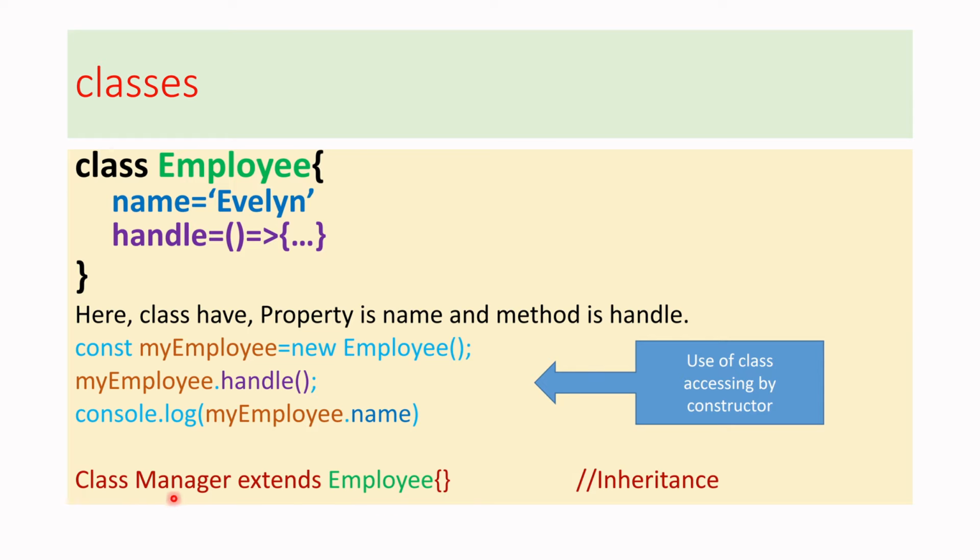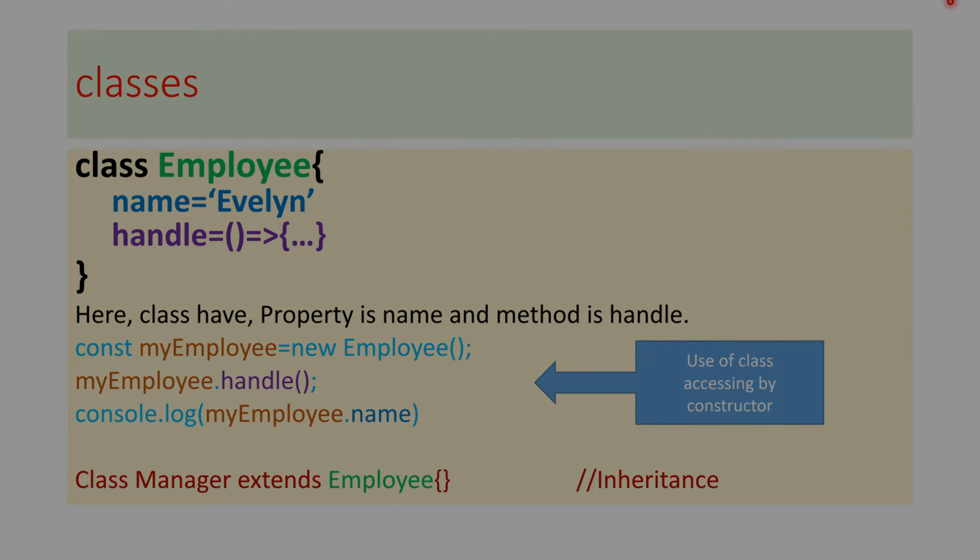Like if we have a class Manager that wants to extend the Employee features, they can do it using extends. So this is the concept of inheritance, as you know. I'm thinking we are okay, and we can go to the next. If you have any doubt, please ping me in the comment box. I will help you definitely.